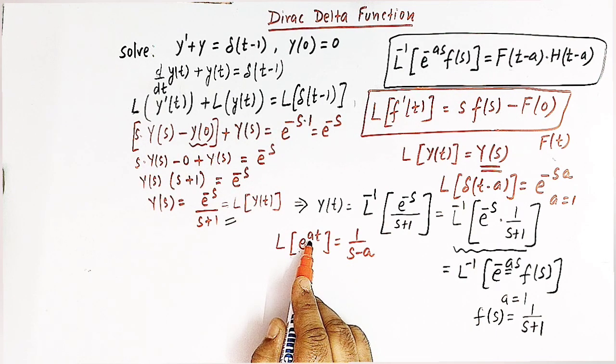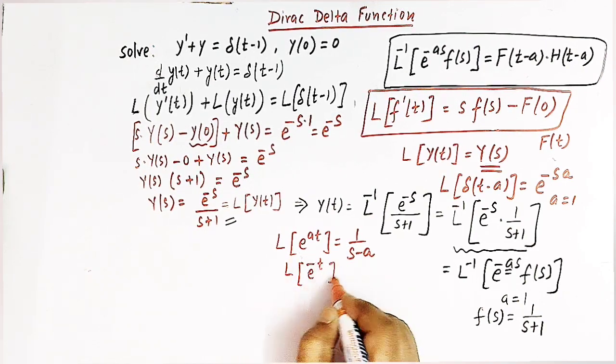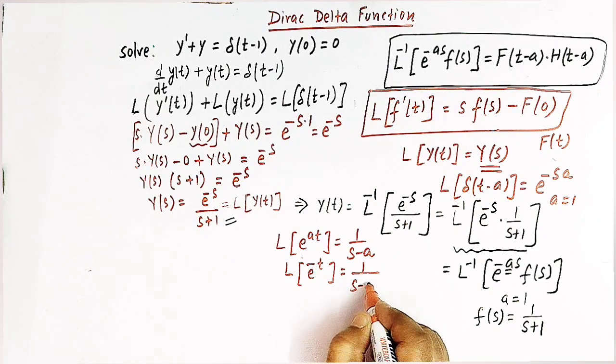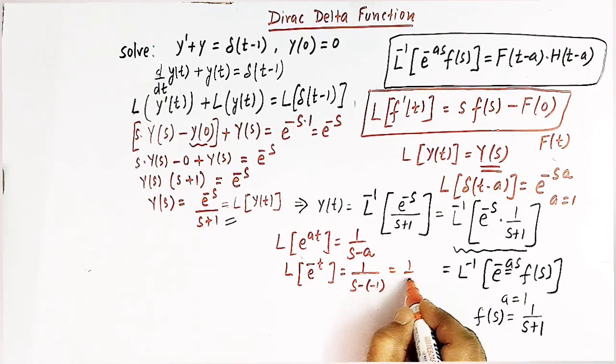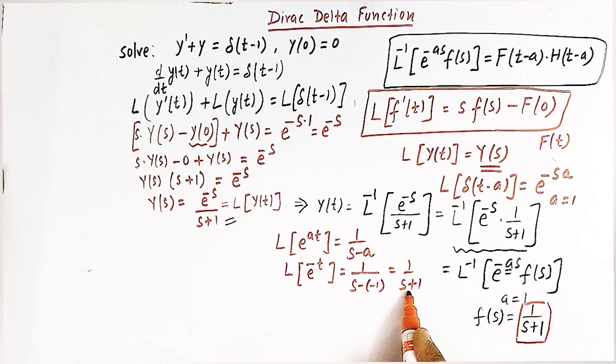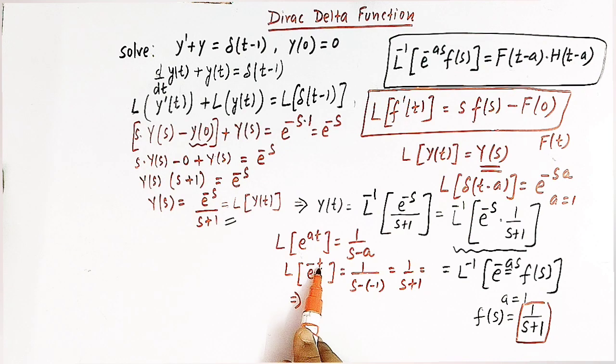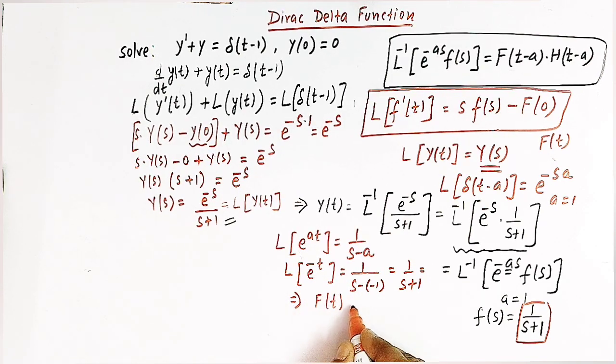So if we take a is equal to minus 1, then the Laplace transform of e raised to minus t is given by 1 over s minus minus 1, that is 1 over s plus 1. So this is our Laplace transform of e raised to minus t. So the function f of t is now e raised to minus t.